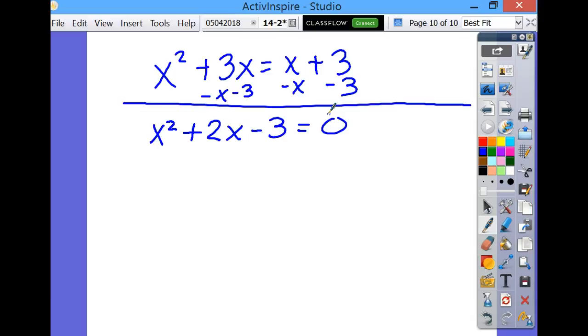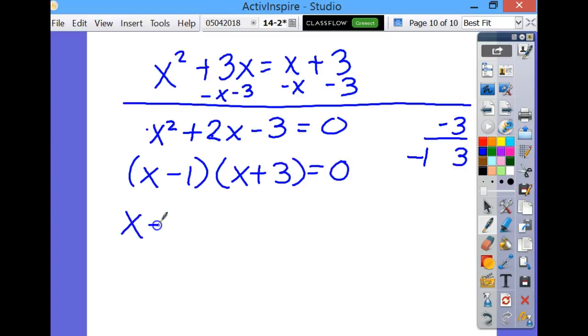It seems like we're getting better at factoring. The first term times the last term is negative 3. Those are the only factors of 3. To make this equal a plus 2, it's going to have to be like that. Since this is 1, I can use the shortcut factoring.